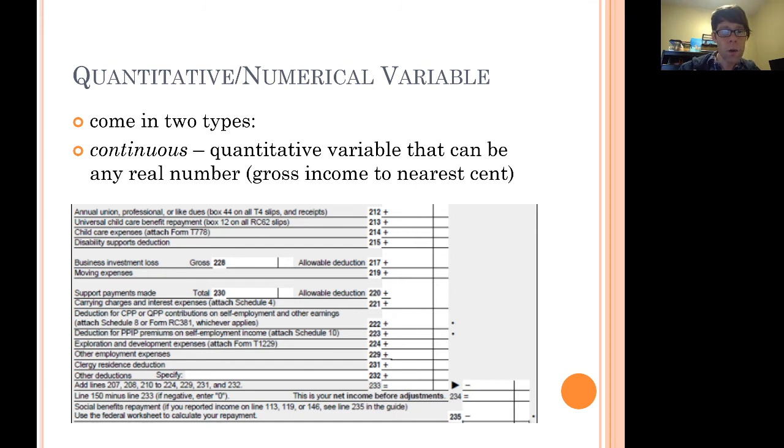I'm not going to tell you what that means, but I do know that because that dot is there, Revenue Canada expects me to report that to the nearest cent, so rounded correctly to 2 decimal places. So I would consider line 222, line 223, and line 235 continuous kinds of data that I'm giving to Revenue Canada when I'm doing my income tax.